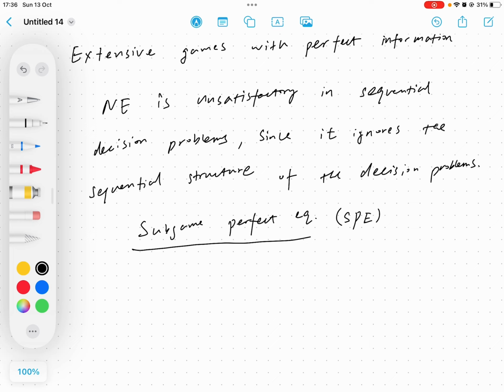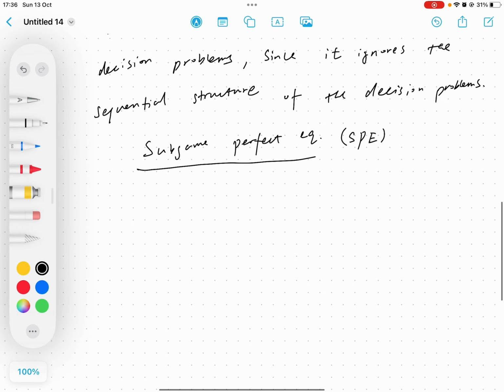So let's begin with the formal definition for an extensive game with perfect information. But before that, let's have some definitions on the perfect information. Let's first define extensive game. You can find those definitions in the game theory textbook written by Osborne and Rubinstein.